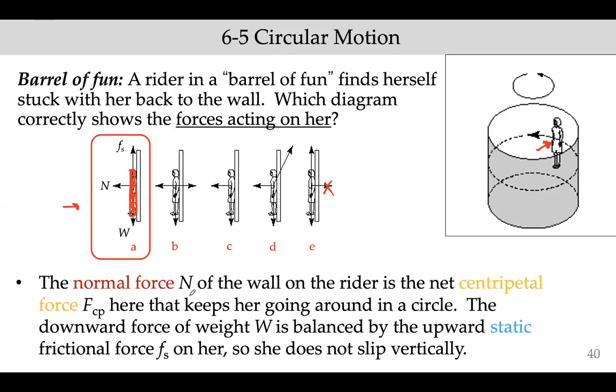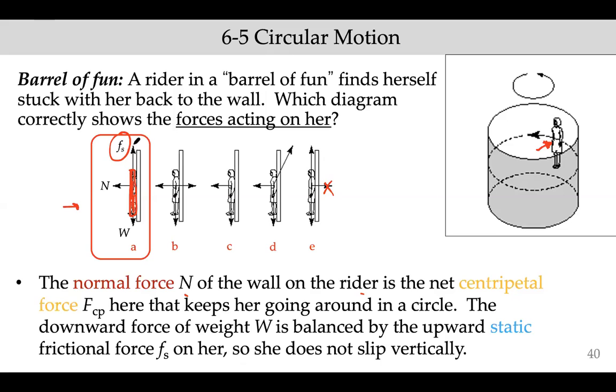So the normal force N of the wall on the rider is the net centripetal force here that keeps her going around the circle. The downward force of weight, W, is balanced by the upward static frictional force on her, so she doesn't slip vertically, so she doesn't fall down, and the reason for that is Fs.